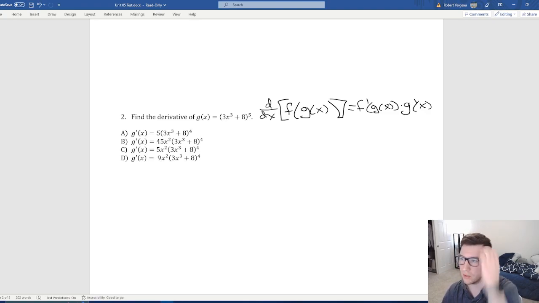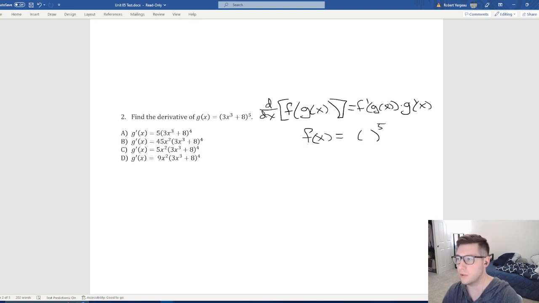And so taking a look at this, the outside function, or like our f of x, is going to be something to the 5th. Now, it might be x to the 5th. If you want to think of it as x to the 5th, go for it. I'm going to leave it as just some quantity raised to the 5th, because it's a little bit easier to see the actual power rule being applied.